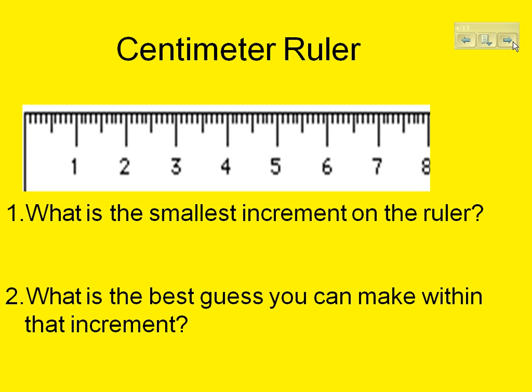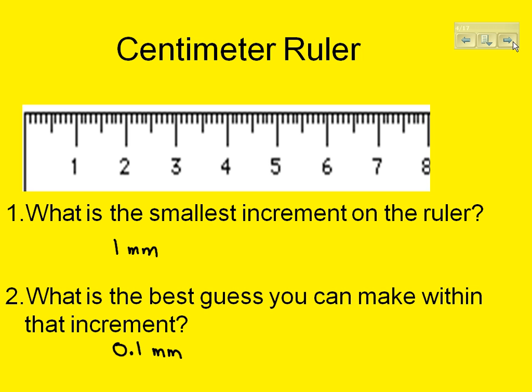What is the best guess you can make within that increment? That best guess is about 1/10 of your smallest increment. So if your smallest increment was 1 millimeter, your best guess is to 1/10 of a millimeter.